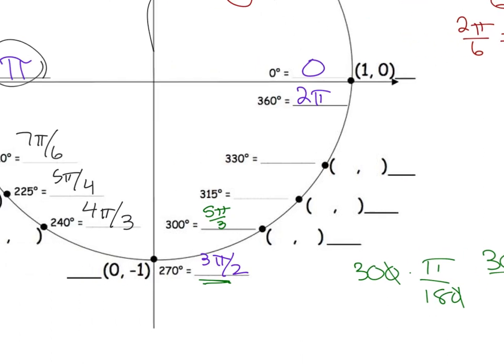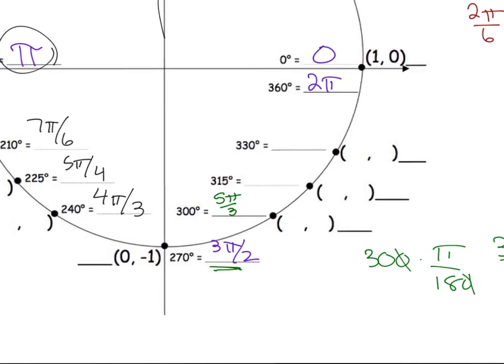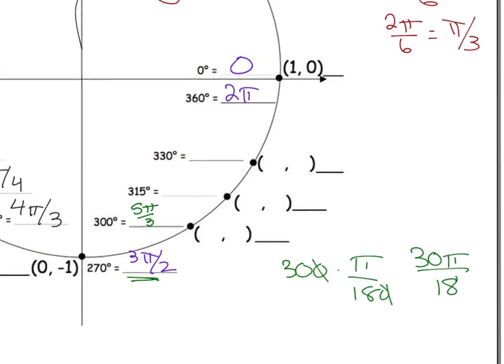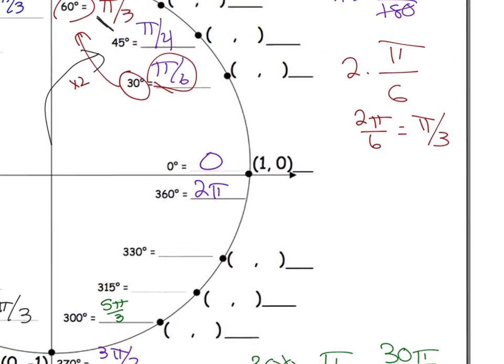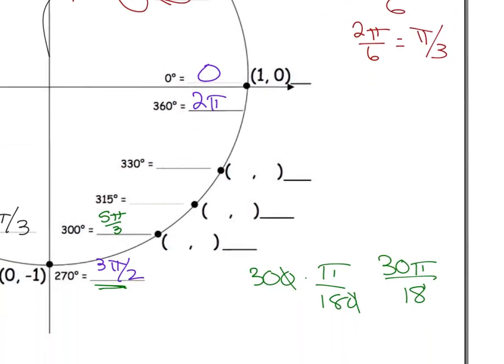So 315 then becomes... sorry, I'm not doing a very good job explaining this. You know what? Just go with this. Rather than try to be clever and start adding fractions with pi, just go for the conversion.